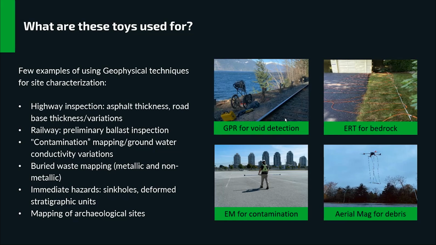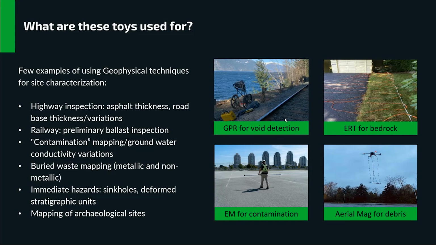Contamination mapping, which is technically groundwater conductivity mapping, not contamination, but the results are basically the same. Buried waste mapping, metallic and non-metallic. This is mostly GPR used for those kinds of projects.